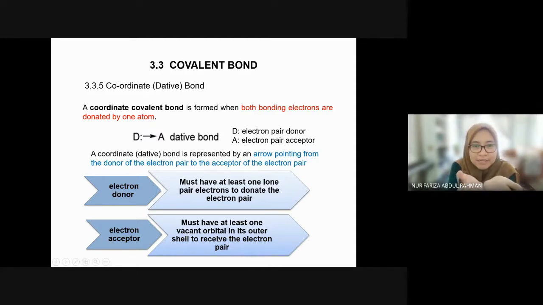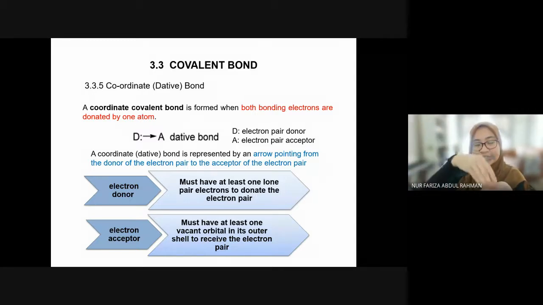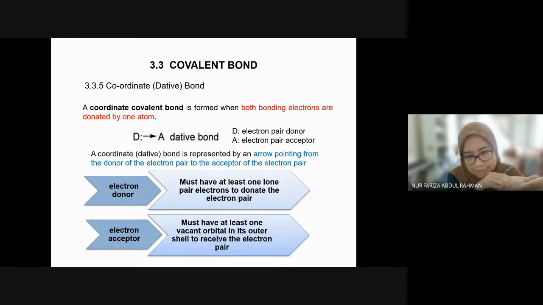Because it receives. In order to accept, it must have a vacant orbital so that the donated electron can be placed into the orbital. So that's why the acceptor must have at least one vacant orbital in its outer shell to receive the electron pair.